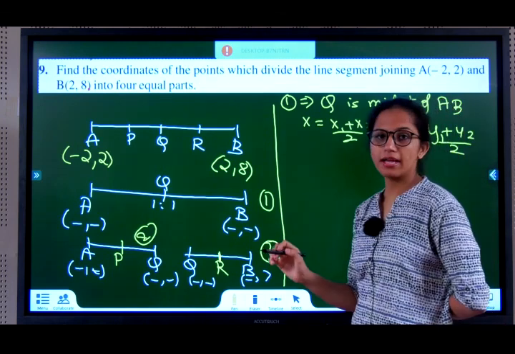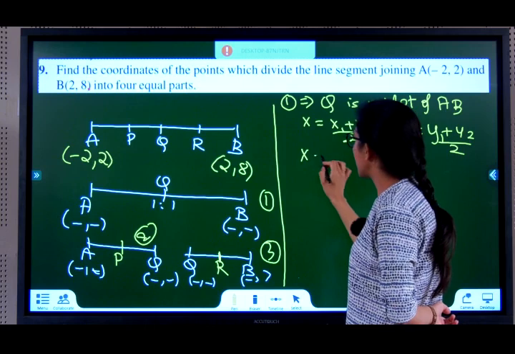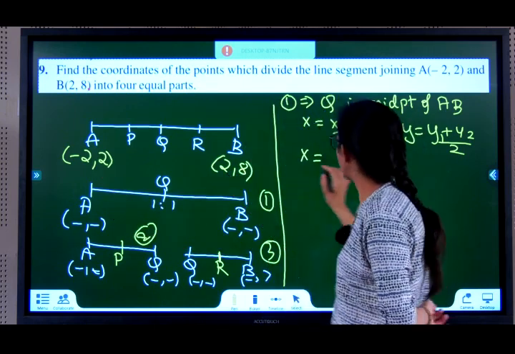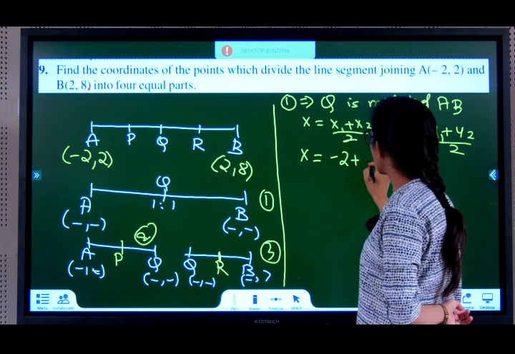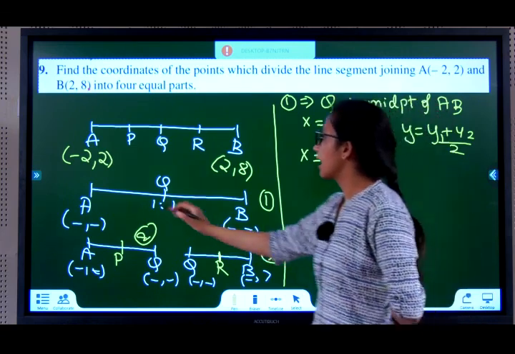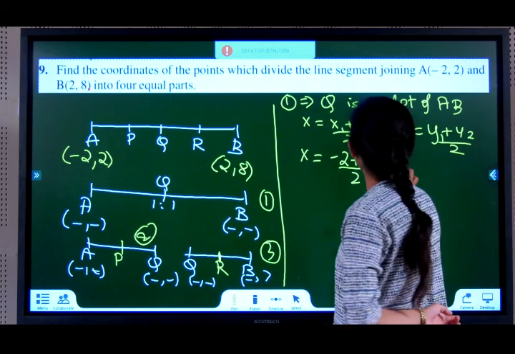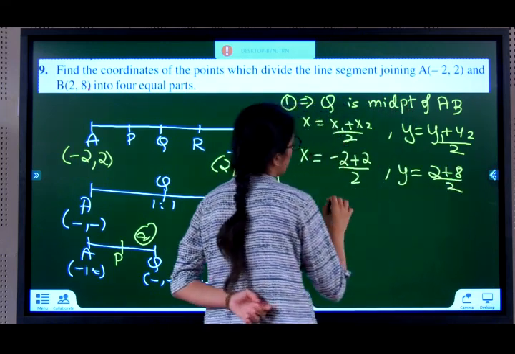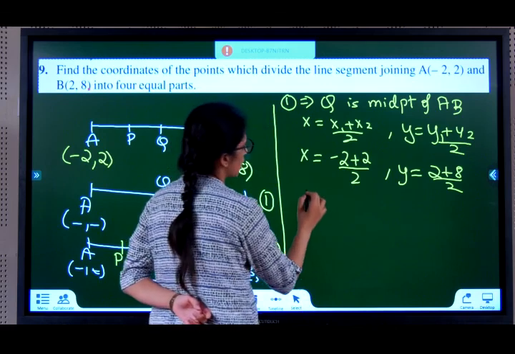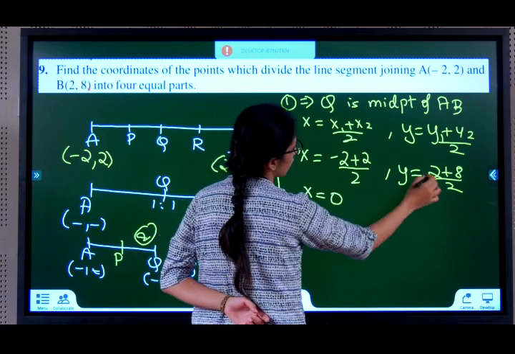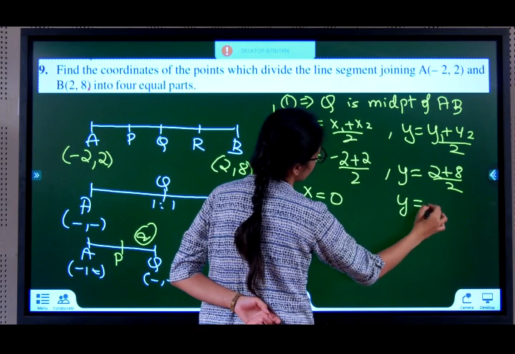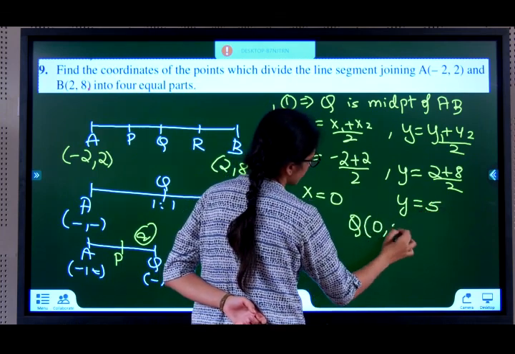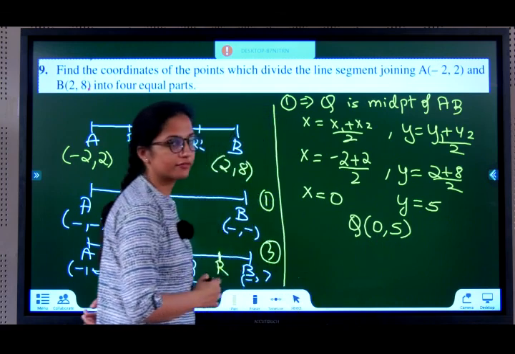X is equal to (-2 plus 2) by 2, and y is (2 plus 8) by 2. Minus 2 plus 2 is 0, 0 by 2 is 0. 2 plus 8 is 10, 10 by 2 is 5. So we get the coordinates of Q as (0, 5).